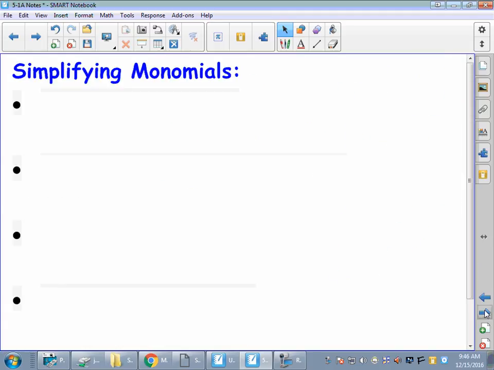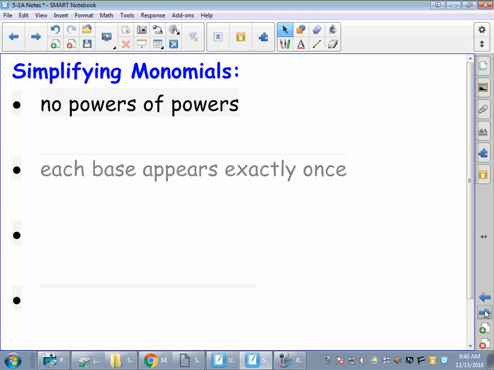So a couple key elements when you're simplifying. We're going to be simplifying today, so we've got to follow these rules. You can't leave a problem as a power of a power. If there is an exponent being raised to another exponent, you need to take care of that. You need to multiply them. Each base appears exactly once. So if there are 2 x's, whether it's being multiplied or divided, I need to put them together. So x can only appear once, y can only appear once.